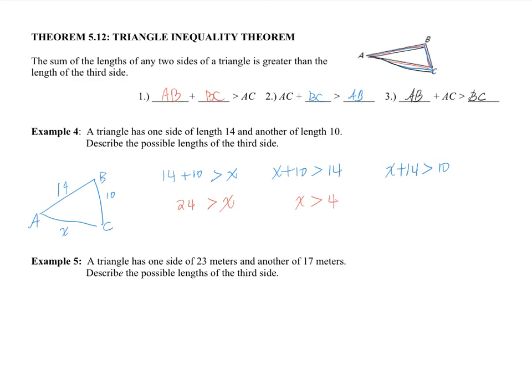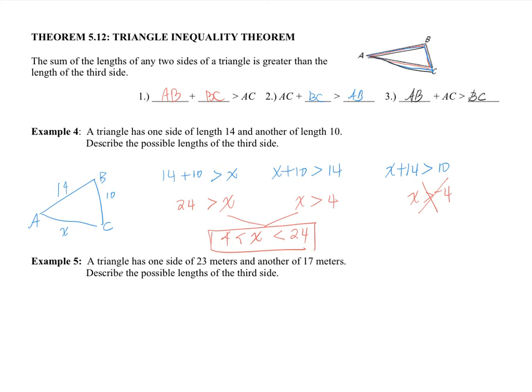And this one would give me x greater than negative 4, which doesn't make sense, so we ignore it. To combine these two inequalities, we can switch x greater than 4 around so that x is between 4 and 24. These are the possibilities.